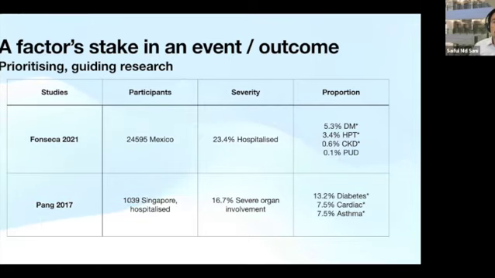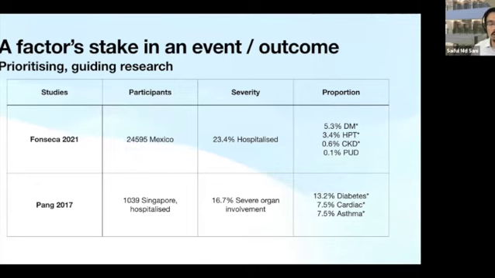So if we were to do a study, how many of these hospitalized patients actually have a specific comorbid, for example, diabetes: 5.3% of these hospitalized patients had diabetes.